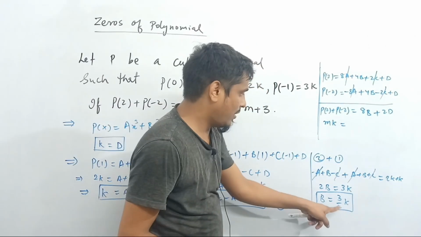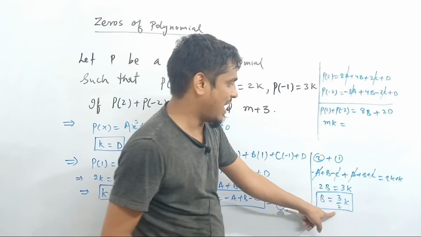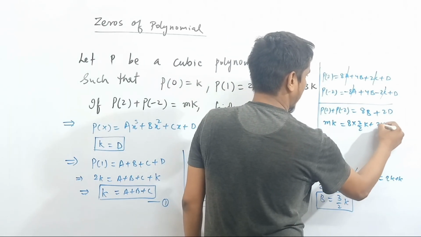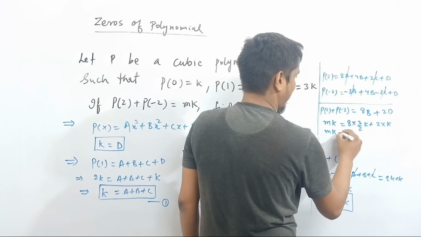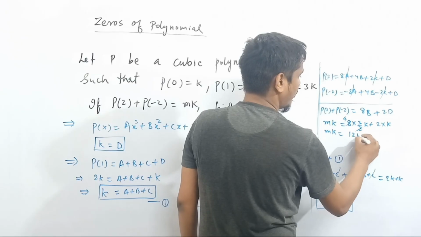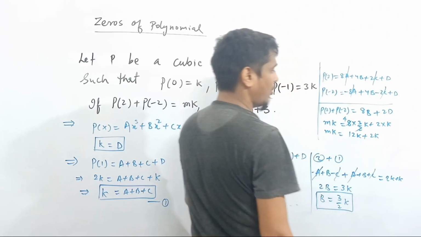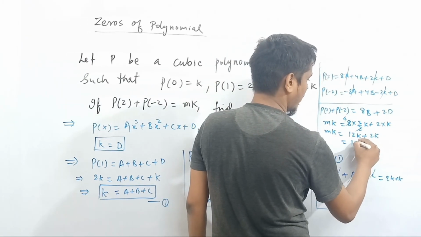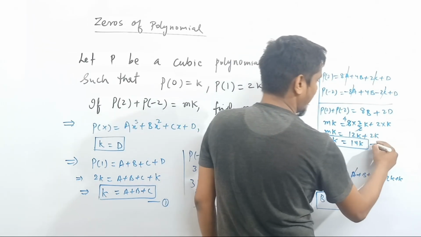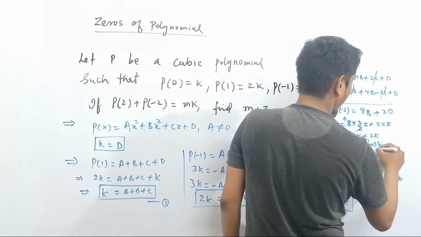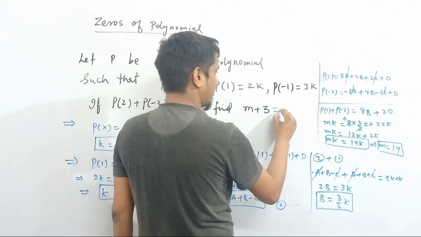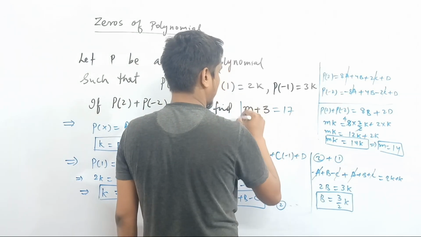In place of b we can substitute 3 by 2, so this is 8 times 3 by 2k plus 2 times k, which is 12k plus 2k, so 14k is equal to m times k. Now k got cancelled, we get m is equal to 14, so m plus 3 is 14 plus 3, which is 17.